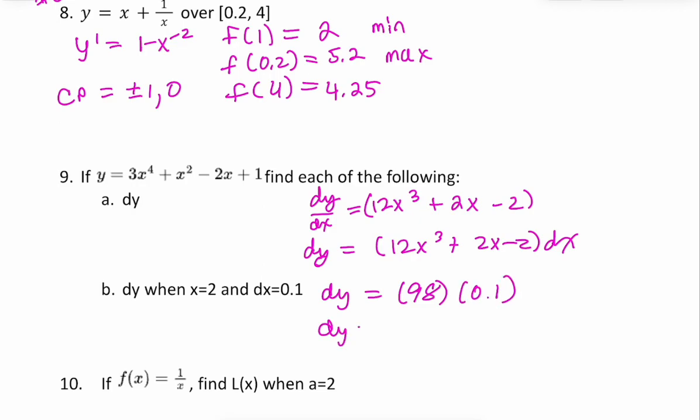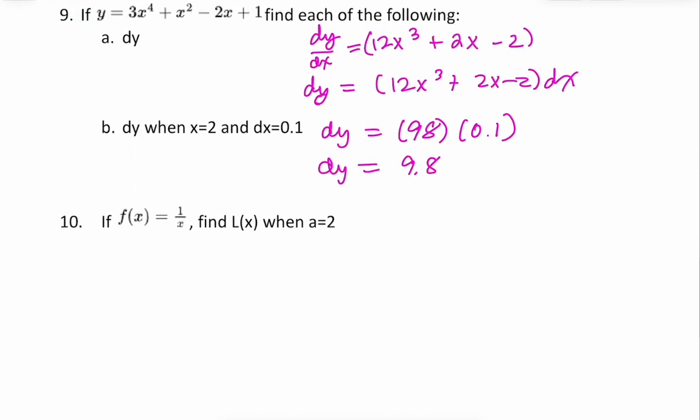And so dy, we just multiply those things, and we get 9.8. Okay, so you just plug your x value into here, you plug your dx value right there, and that is your dy value that corresponds with those particular x's and dx's. That's it. So those are nice.